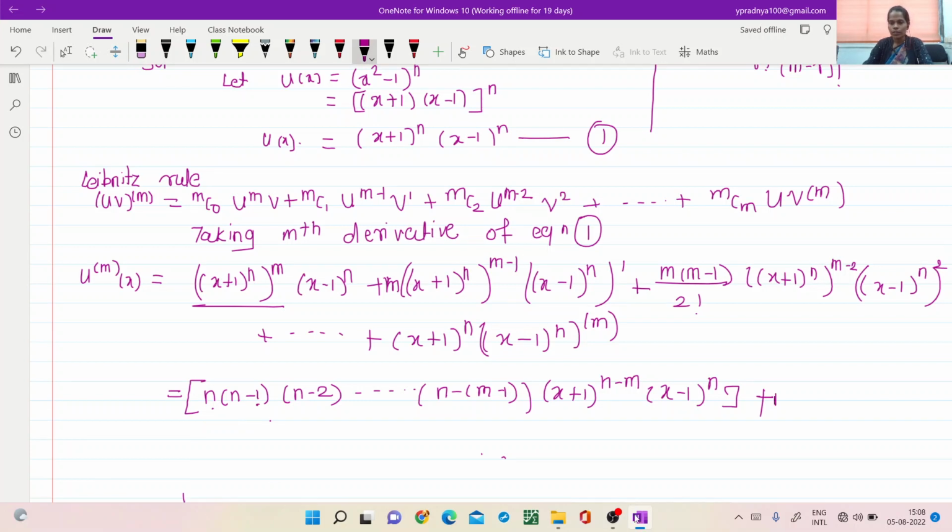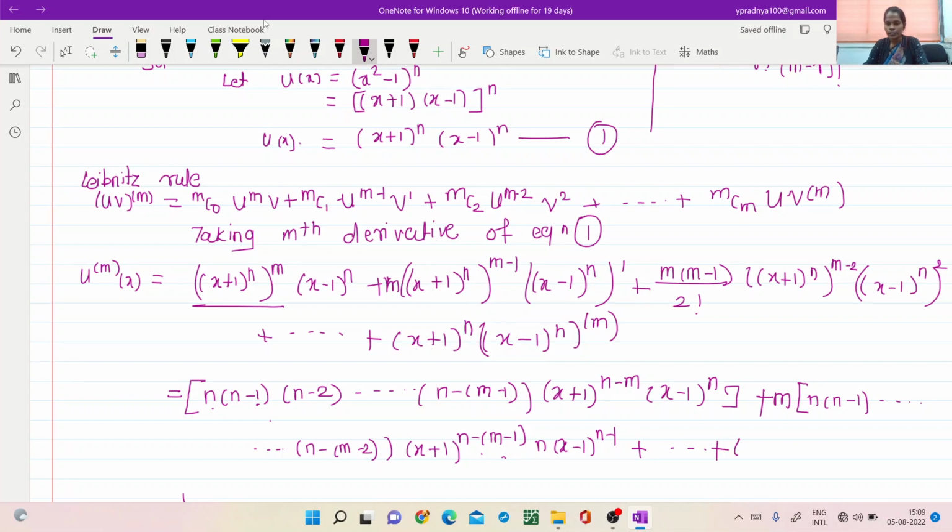Plus m into (x plus 1) raised to n, its (m minus 1)th derivative, which will be n, (n minus 1) and so on, (n minus m plus 2) into (x plus 1) raised to (n minus m plus 1), into the first derivative of (x minus 1) raised to n, which will be n into (x minus 1) raised to (n minus 1), plus and so on.